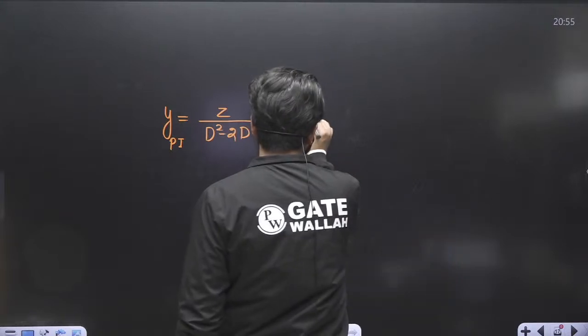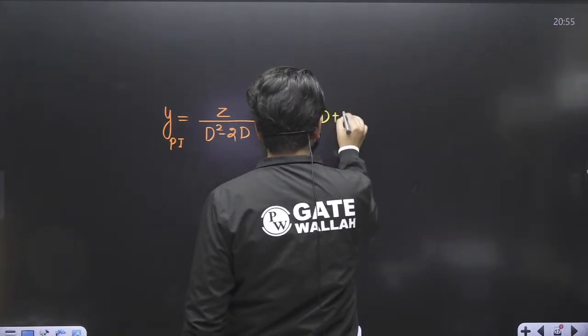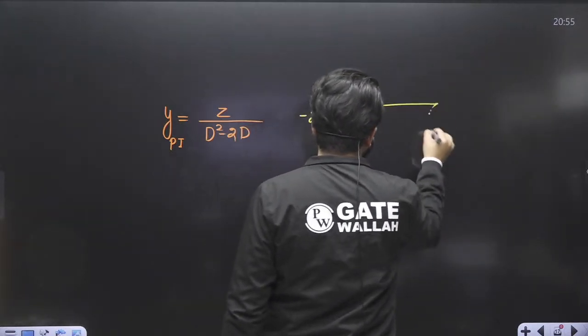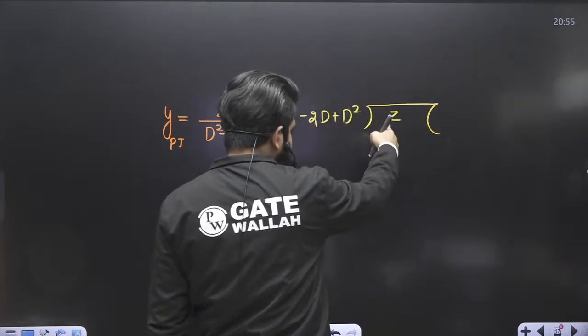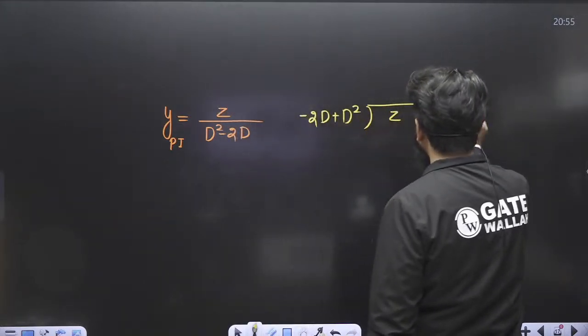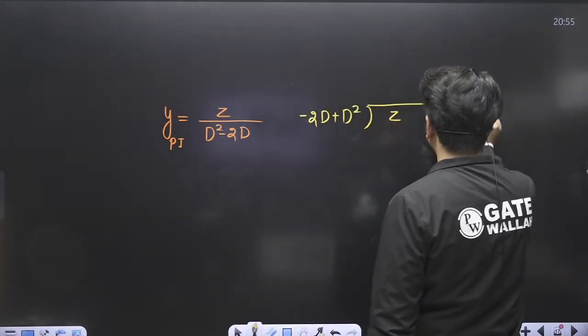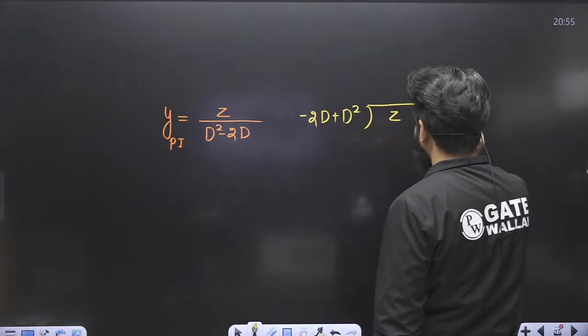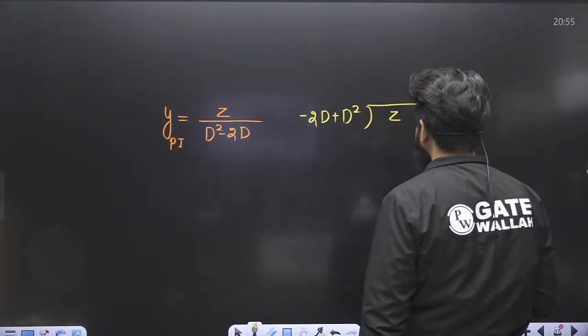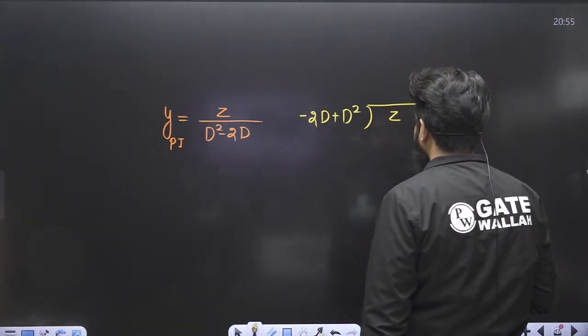Increasing function of D, we should arrange it. So this will become 1 upon (minus 2D plus D square), and this becomes z. If you need z here, what should have been the value? This should be z square by 4.